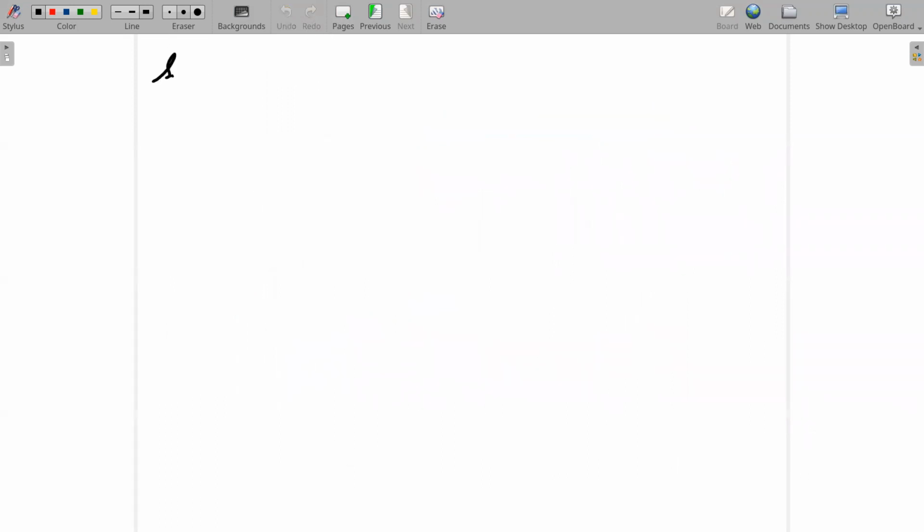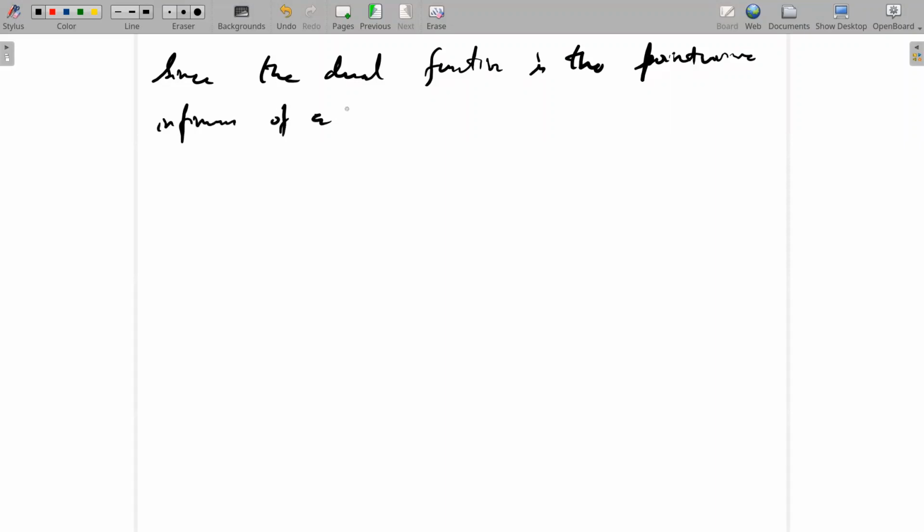Since the dual function is the pointwise infimum of a family of affine functions, it is a concave function.